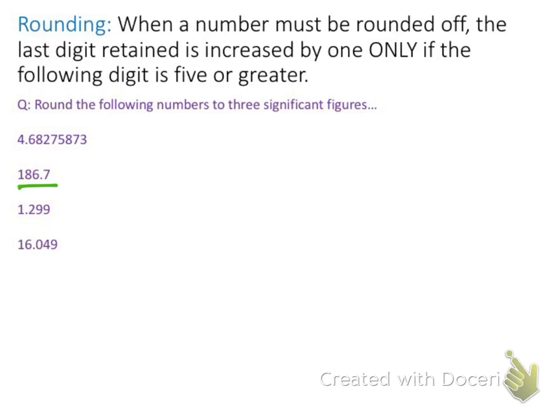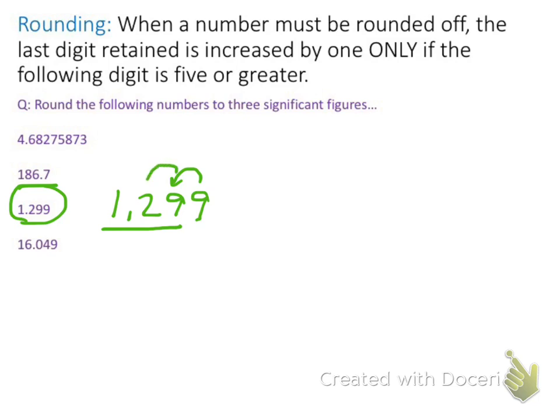Now the next example is an interesting one. We're looking at the number 1.299, and again, we need to take this to 3 significant figures. 1, 2, 3. So if we look at the digit after the last one retained, we can all agree that that is definitely 5 or greater. But what is it going to do to the digit here when we round up? Well, it makes that 9 a 10, technically.